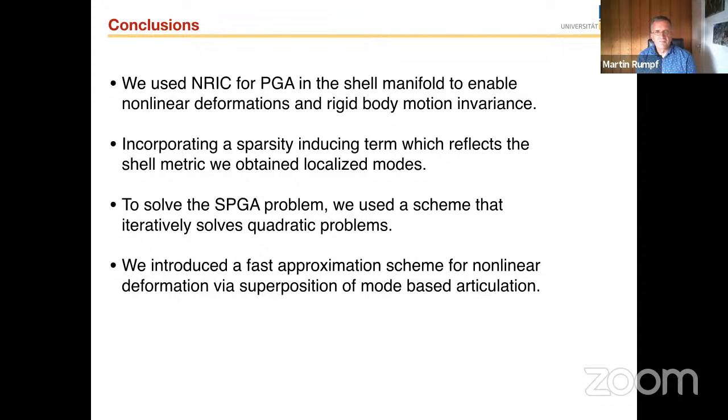And incorporating sparsity, we obtain very localized separated modes. And these can be efficiently computed by alternating sequential quadratic programming. And finally this leads, with the lookup table approach, to a fast approximation scheme for nonlinear deformations, which is based on the superposition of modes, mode-based articulations.